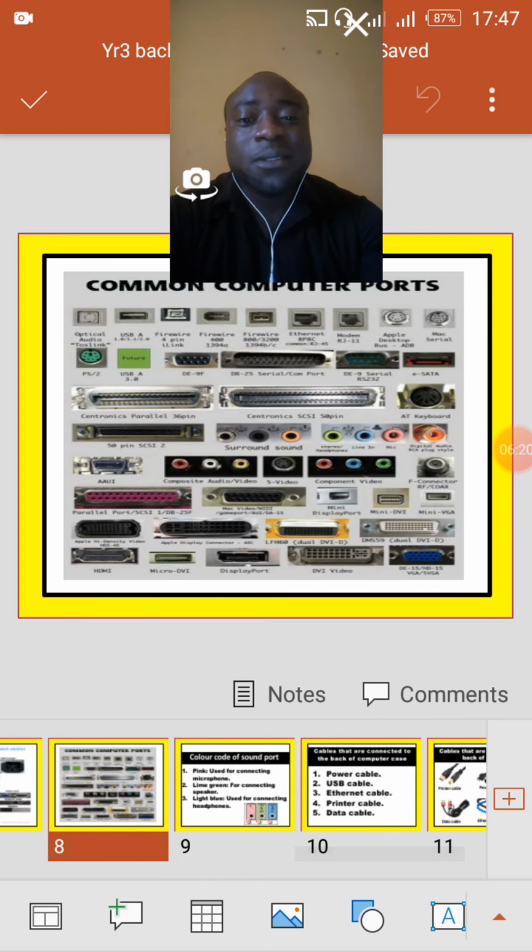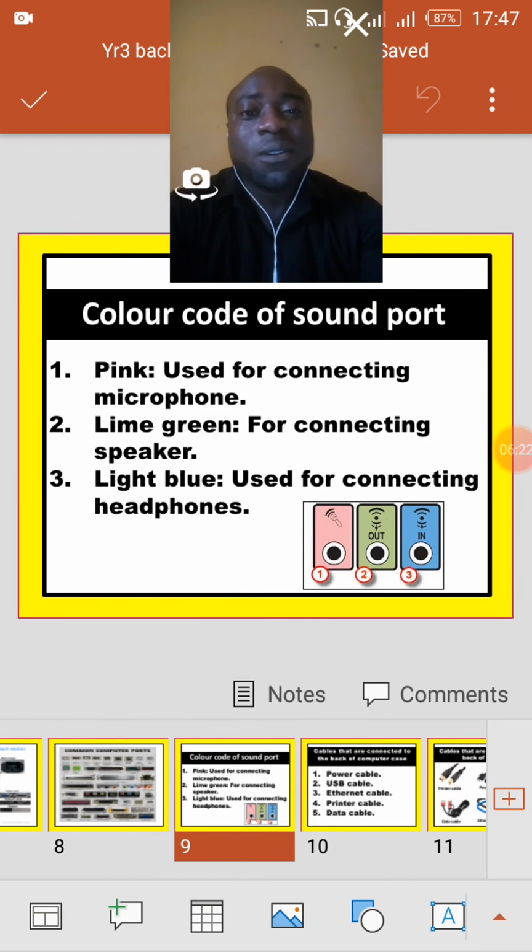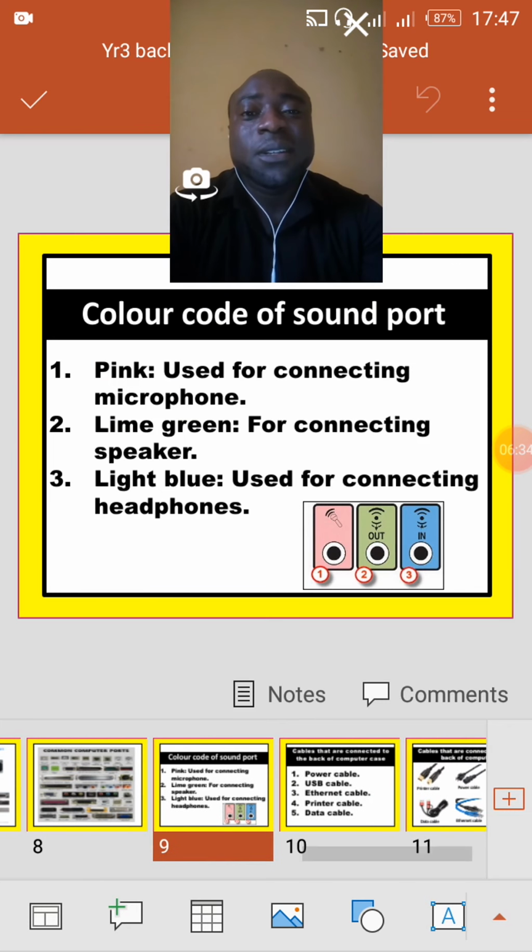Now friends, let's look at the color code of sound ports. These are the common color codes of sound ports: the pink, the lime green, and the light blue. The pink is used for connecting microphone. At times they draw a microphone there.